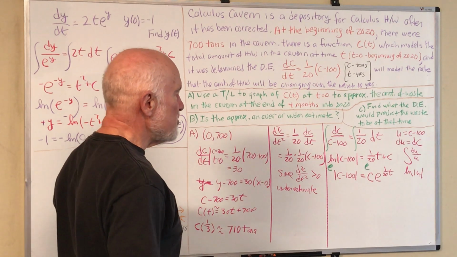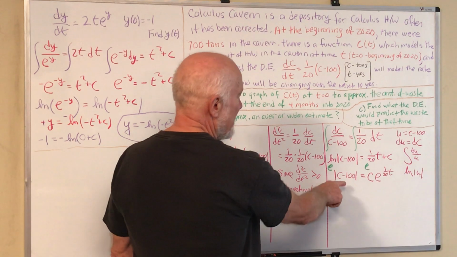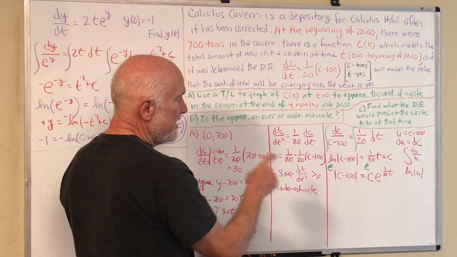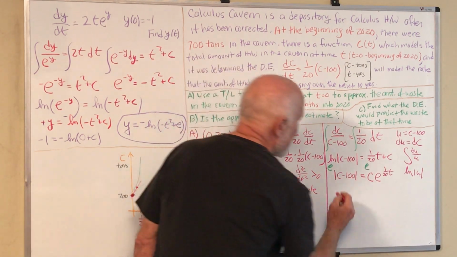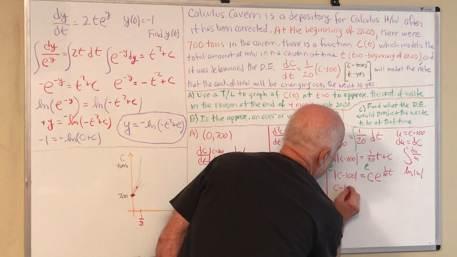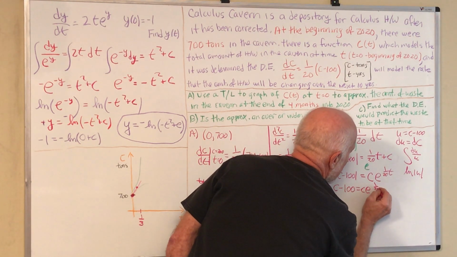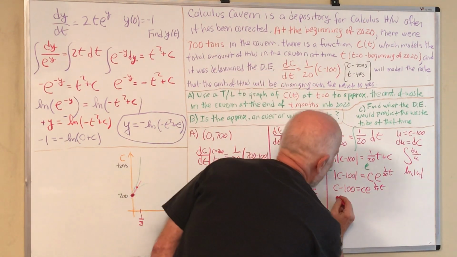I'm almost there. I have to solve for c. Well, because c is 600 and getting larger, this number inside the absolute value signs is going to be positive, so I can just drop it. And now I can just add 100 to both sides.